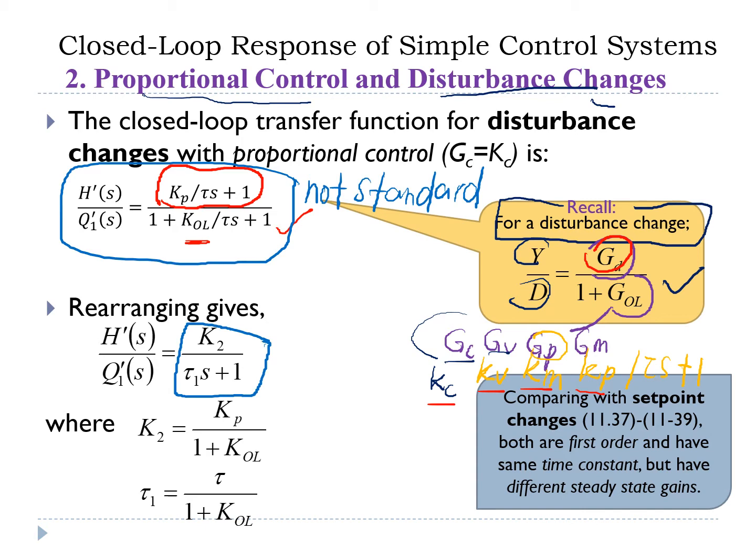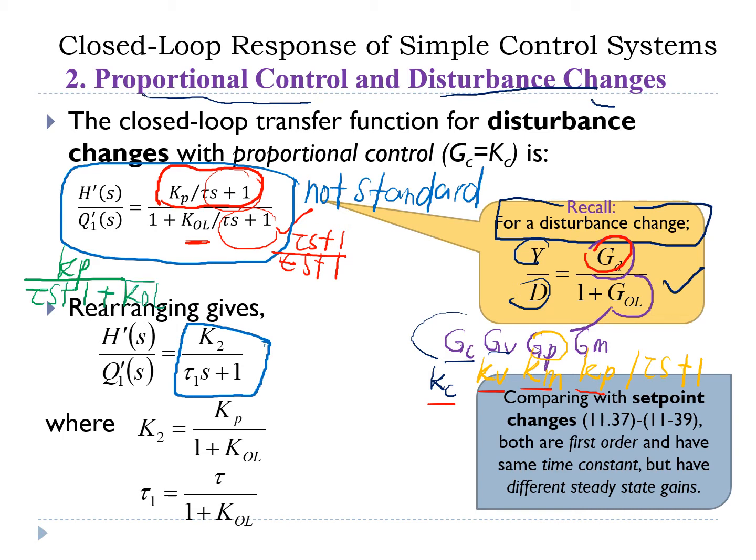What you need to do is multiply by tau s plus 1 for both numerator and denominator to remove this term. Now this equation becomes Kd over tau s plus 1 plus KOL.